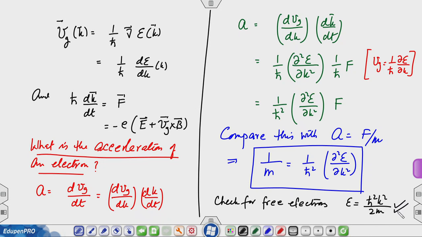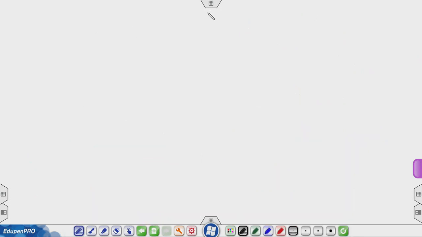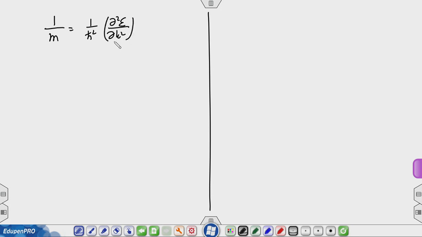But in a band, it is very interesting that 1 over m need not be equal to 1 over m free. So, when I write 1 over m equals 1 over h cross square d2E by dk square for free electrons, it checks.